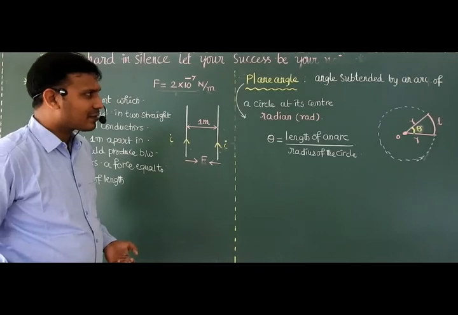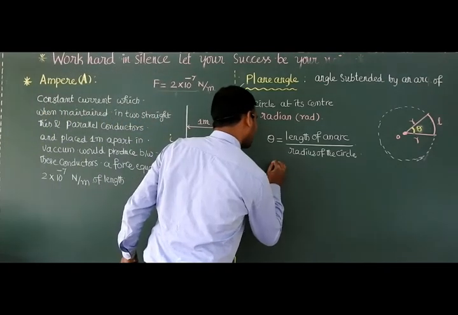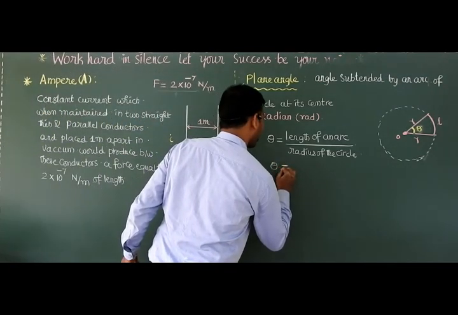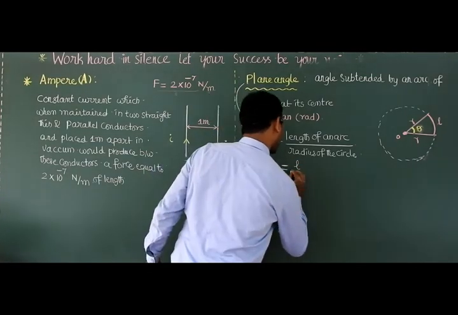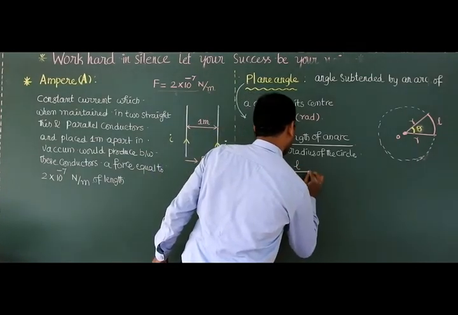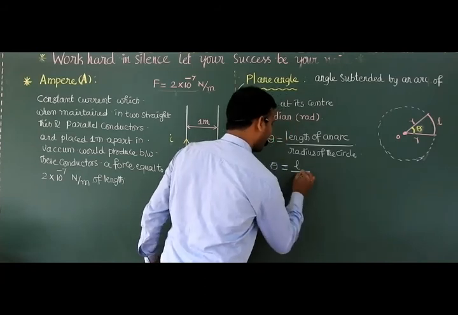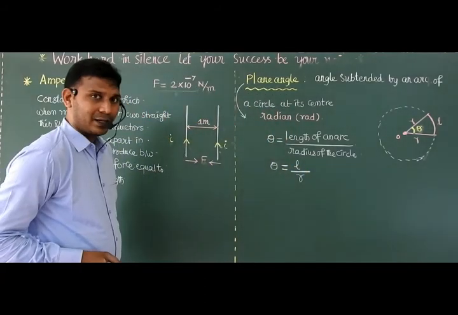The length of an arc is L, divided by R. Clear?